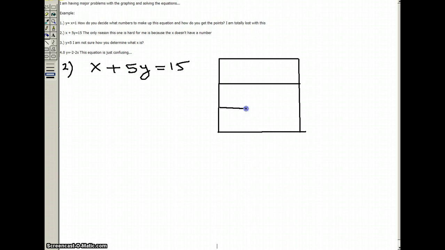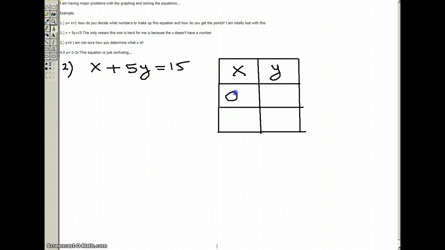These are my rows and these are my columns. Now I can start by taking any value for x and then finding the corresponding value of y, or vice versa. You can take any value for y and find the corresponding value of x. So let's start with x. How about if x equals 0 this time?